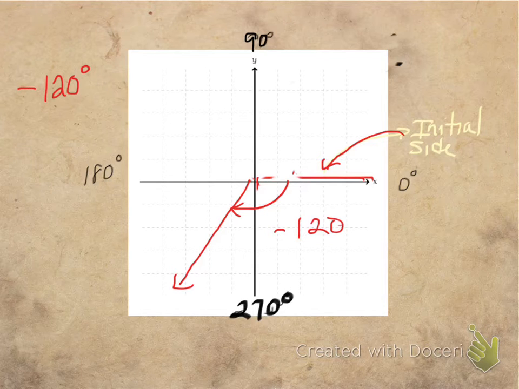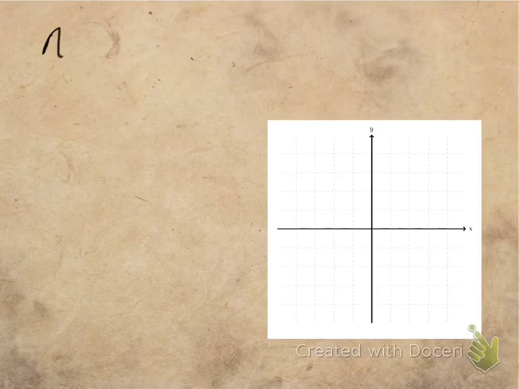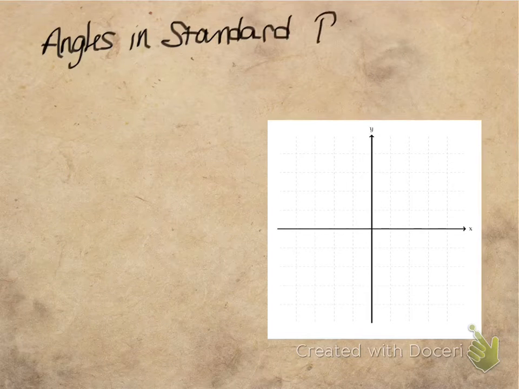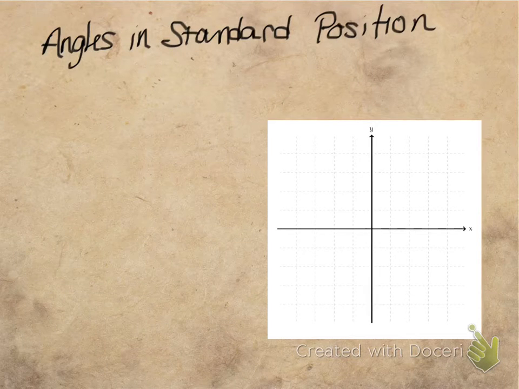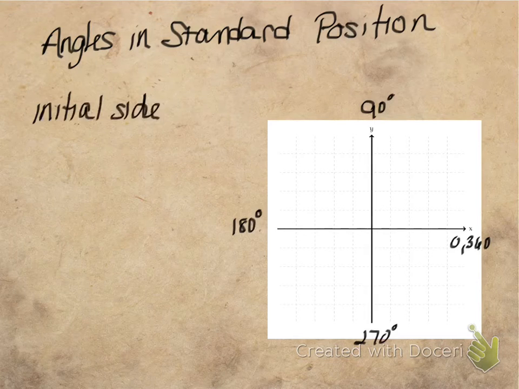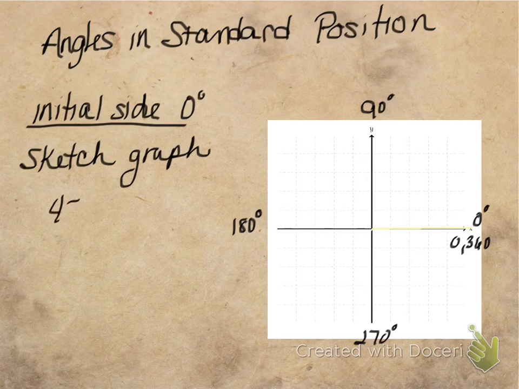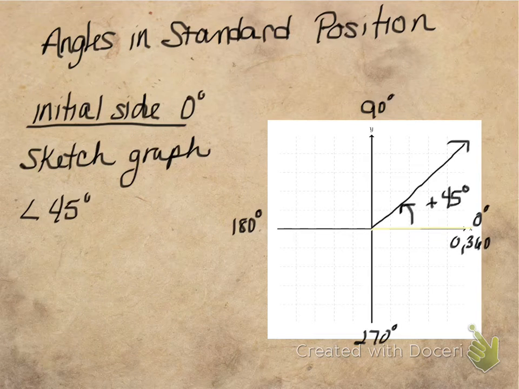A negative 120 degree angle is in quadrant 3. So all of these angles we're talking about are angles in standard position. So again, the initial side is always 0. That's always going to be considered part of the angle.